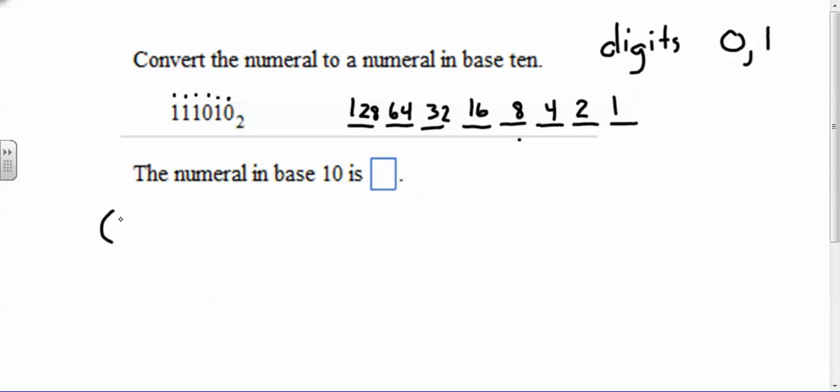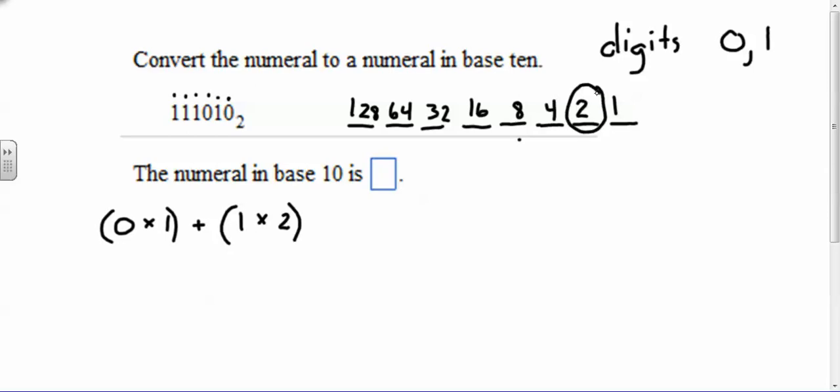So that means we have 0 in the ones digit, so it's 0 times 1, which is just going to be 0, plus we have 1 in the 2 place value.